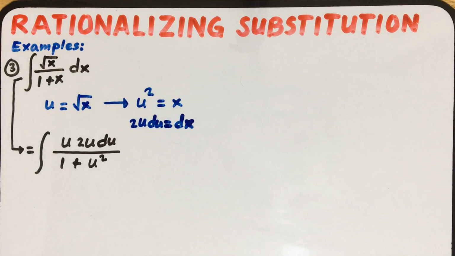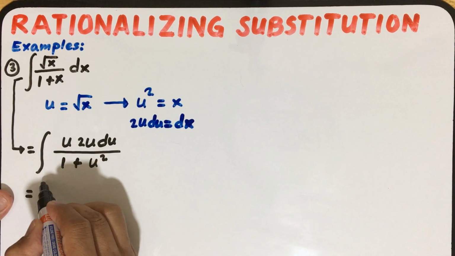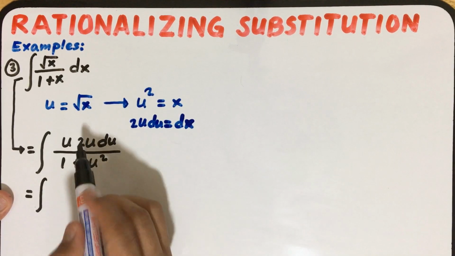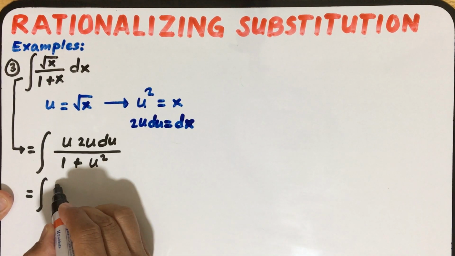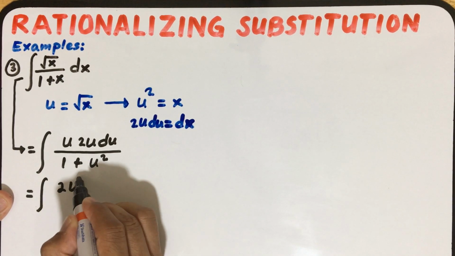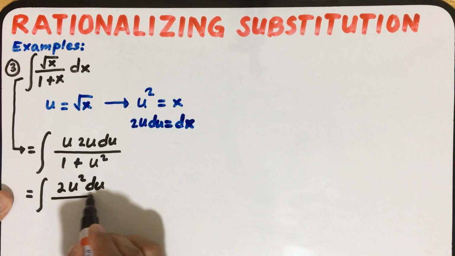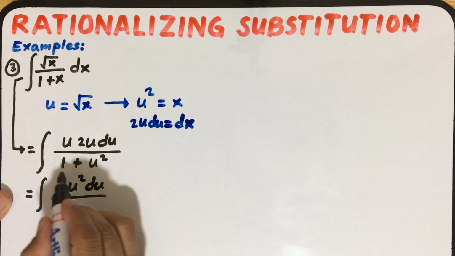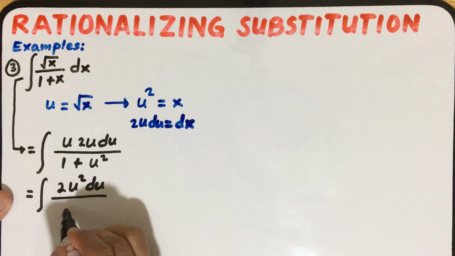So this is equal to the integral of u times u, that is u squared times 2, so that is 2 times u squared du, and divided by, we can interchange the position of 1 and u squared, they're just the same, no?